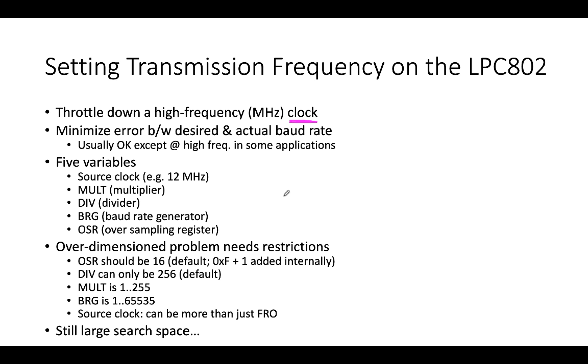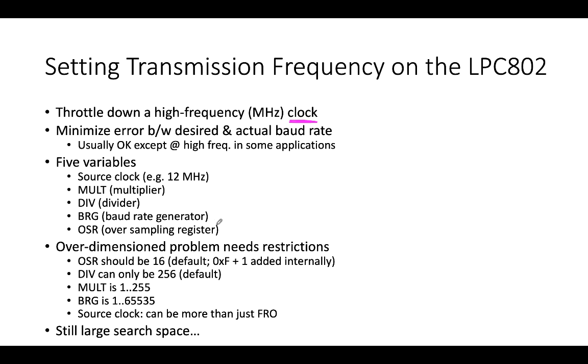We have to choose some combination of factors that scale that initial frequency down into something actually usable to transmit data. You can't go to any arbitrary speed on your wires. There are reasons why that's not possible, so you have to be careful about what frequencies you choose.